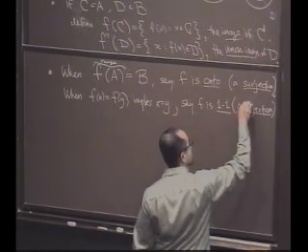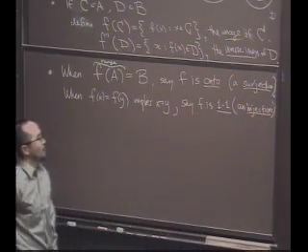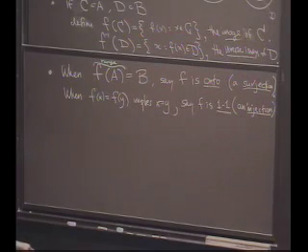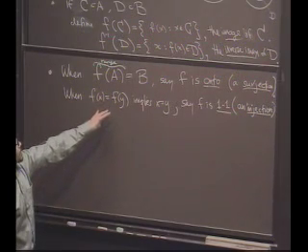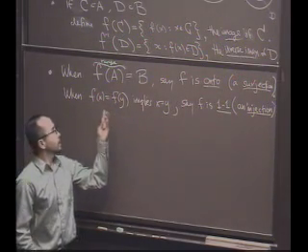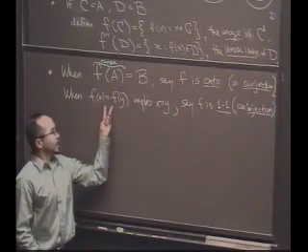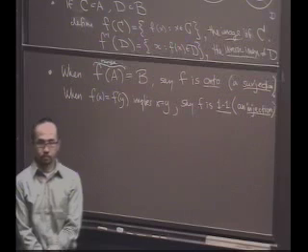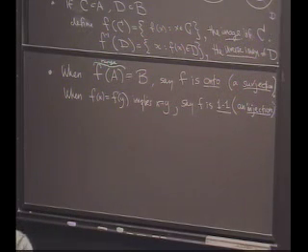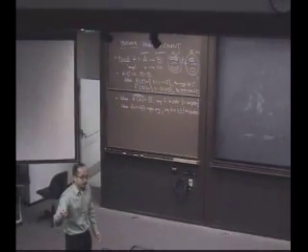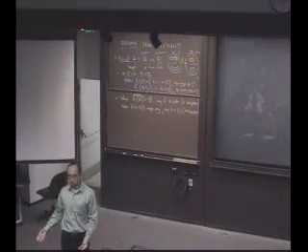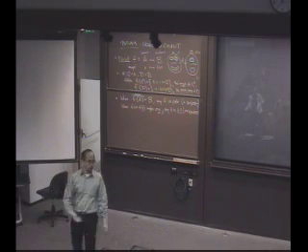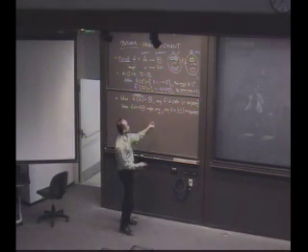Injection. Right? Okay. So this is another way of saying it only sends one point to one point. If the image of two points is the same, those two points have to be equal. Okay? You happy with that? Another way of saying a function is an injection is if the inverse image of a single point is a single point, right? Yeah, and you could, in fact, define a function that way.